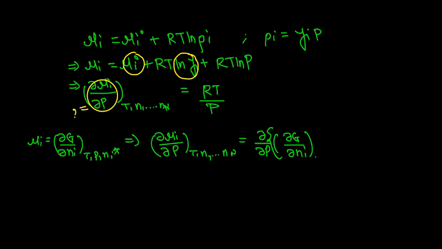When I do this differentiation, I keep T, P, and N j star constant, and for this I have T and N1 and then capital N constant.